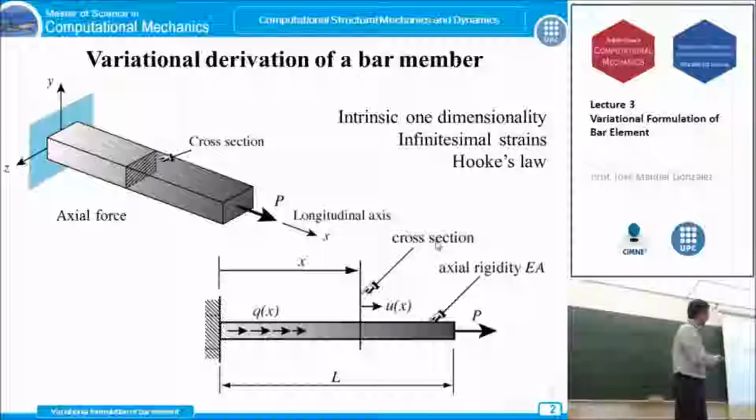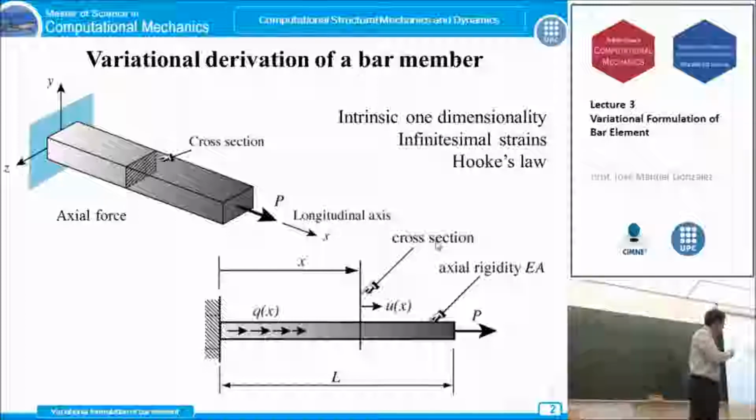So imagine we want to solve this problem. This is our bar element. We prescribe an axial force. We have an element which is determined by this longitudinal axis, with a cross section which is the intersection of the normal plane with this longitudinal axis.